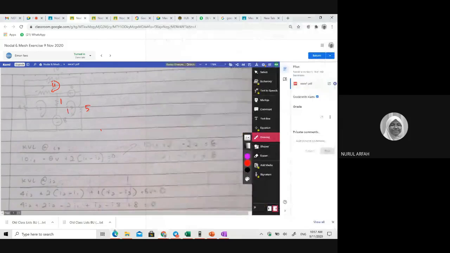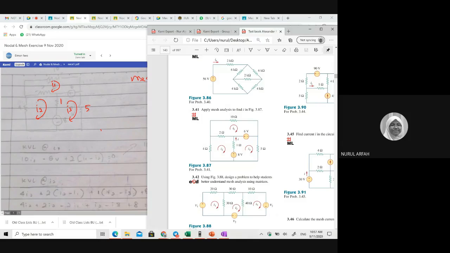Okay. That's why I can see the direction. All right. So if the question asks you to answer using mesh, then I will look at your mesh imaginary currents first. Okay, done. And then second, I will look at whether you have any super mesh or not.